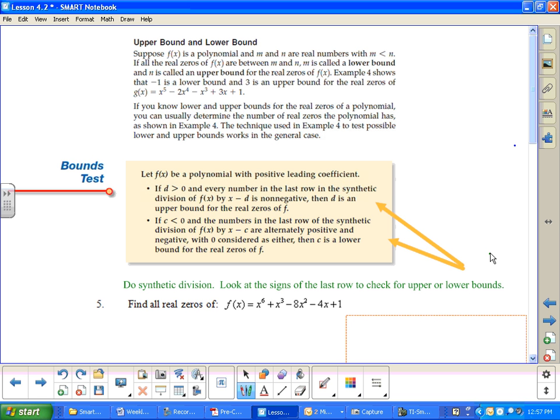That means there's no other 0 to the right of that or greater than that value. If c is less than 0, and the numbers in the last row of synthetic division are alternately positive and negative, with 0 considered as either, then c is a lower boundary for the real zeros of f, which means that there's no other zeros to the left of that, or more negative than that. Okay?